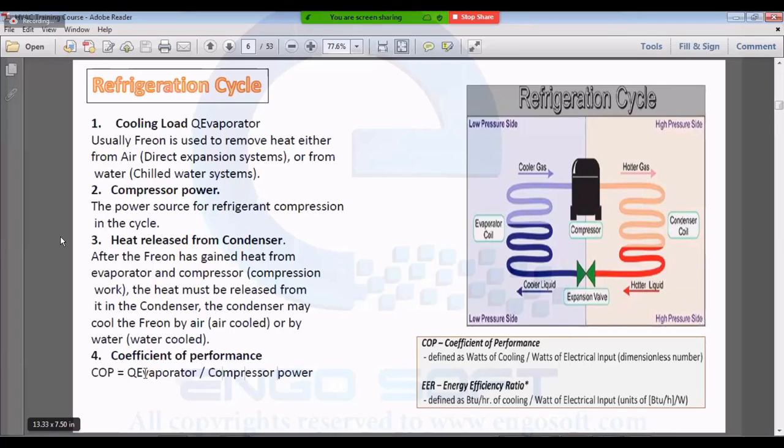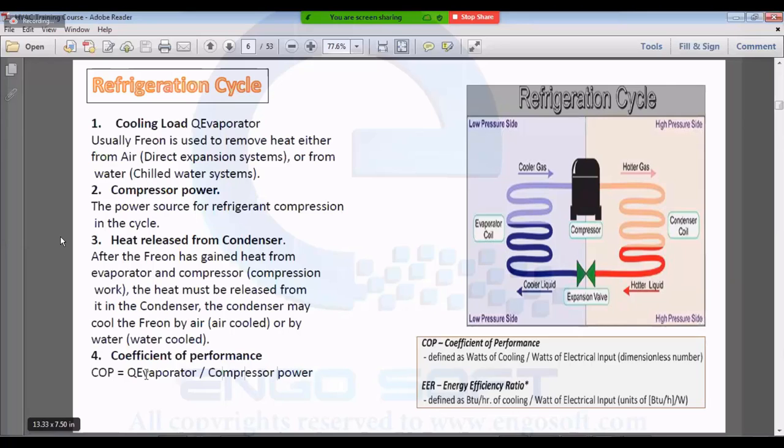Yeah. So increasing the COP is better to the engineer. And as the COP increases, the device is more efficient. Okay?